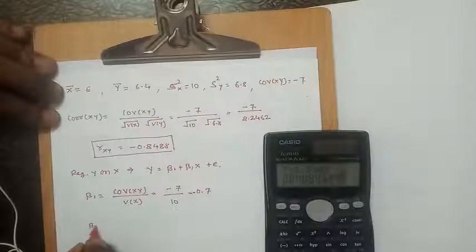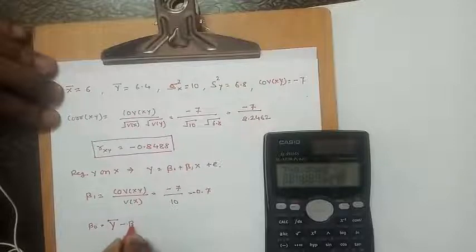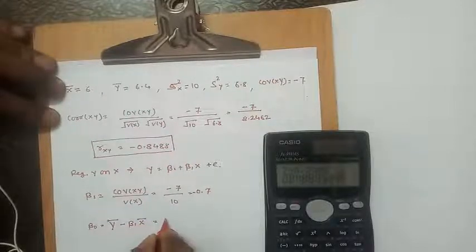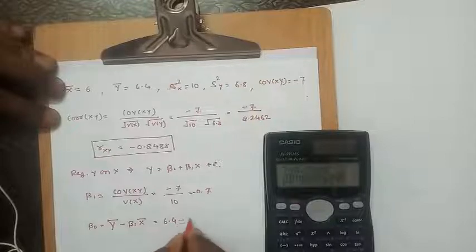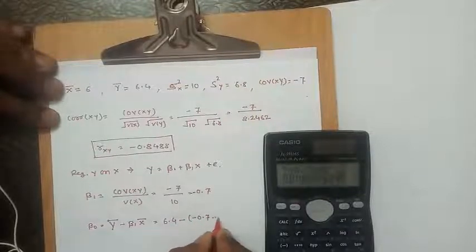Now we calculate beta 0, which is equal to y bar minus beta 1 x bar, which is equal to 6.4 minus 0.7 into 6.